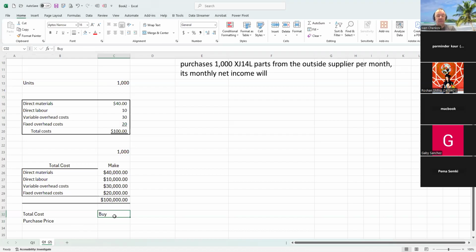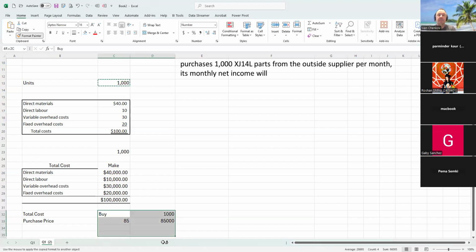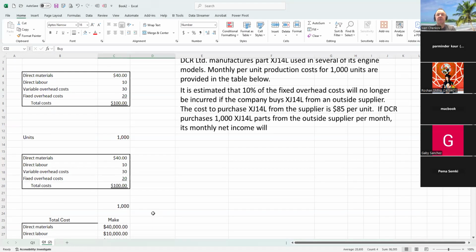Now I'm going to need this $85. So I have to pay in total, since I'm buying 1,000 units, this one times that one, $85,000. Make sense? Now the question is, what else do I have to pay?